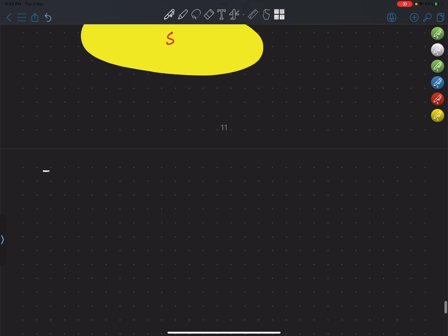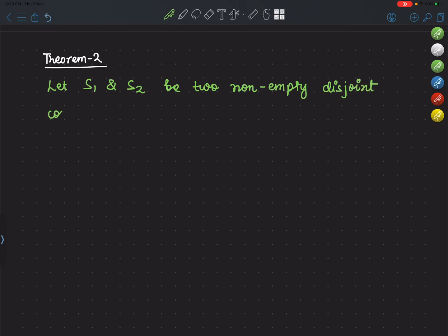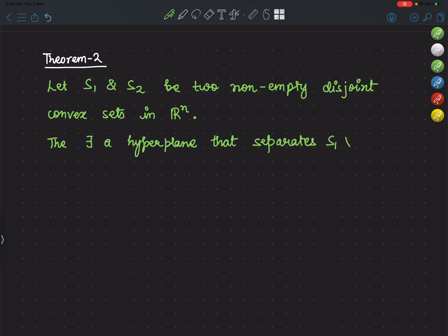Now theorem 2 says that let S1 and S2 be two non-empty disjoint convex sets in Rn, then there exists a hyperplane that separates S1 and S2.